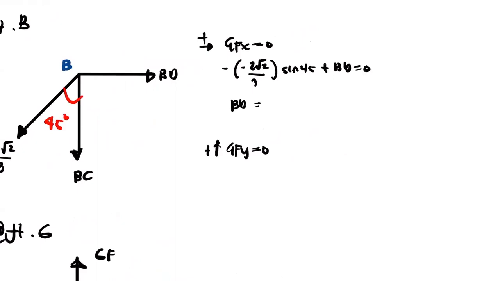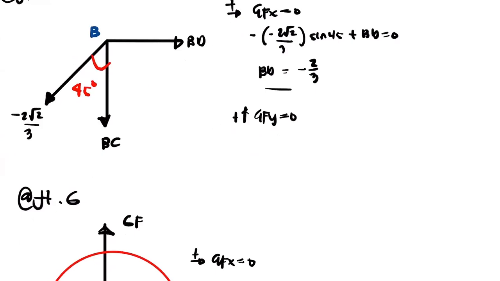And BD is equal to, so that will result to negative. Tama? Negative siya. So, negative times negative 2 square root of 2 over 3. That is positive times sine 45. And that is 2 thirds. Okay? So, negative 2 over 3.